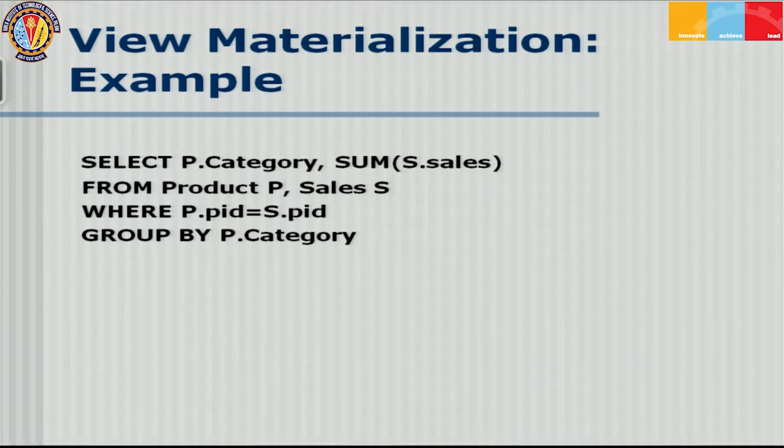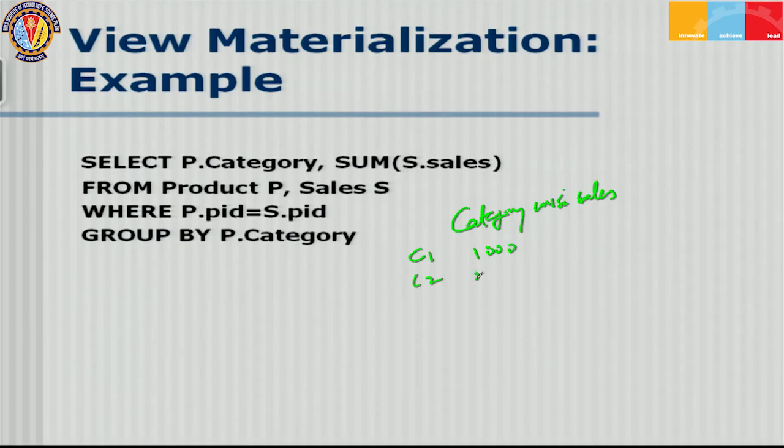Category is an attribute in the product table, and I'm trying to find out the category wise sales. The output of this would be like category 1 and the sale amount, and so on.